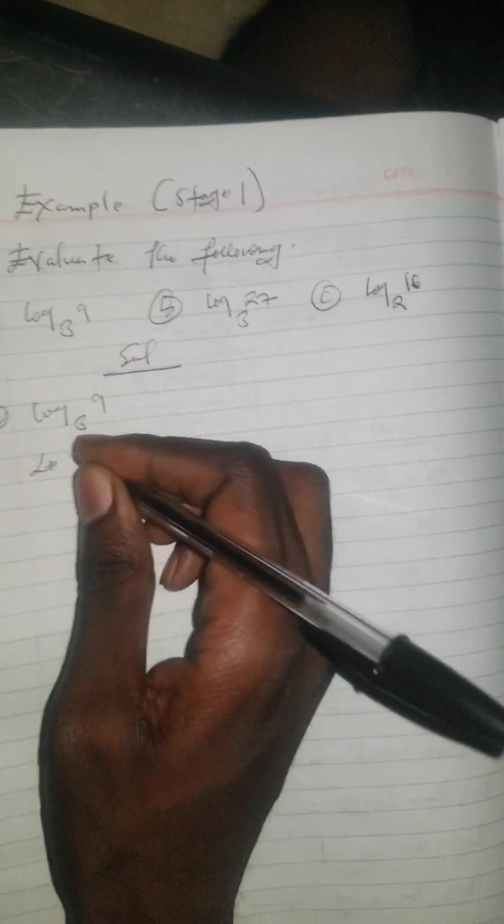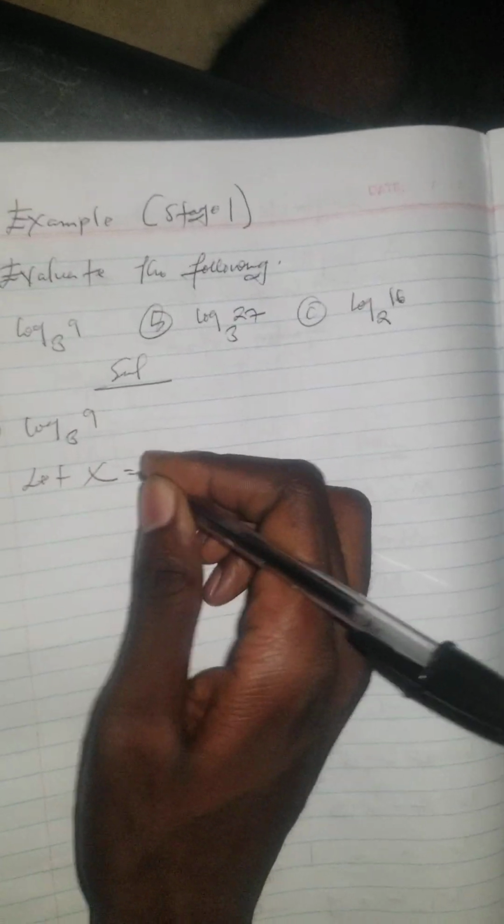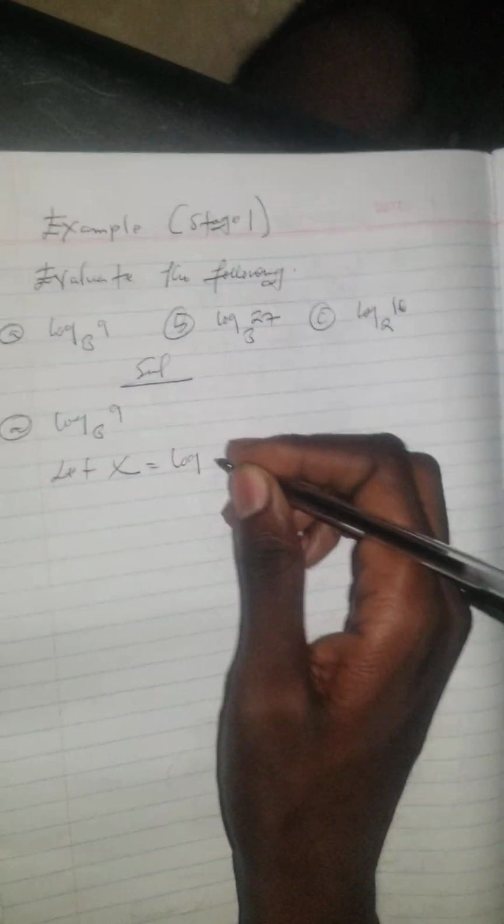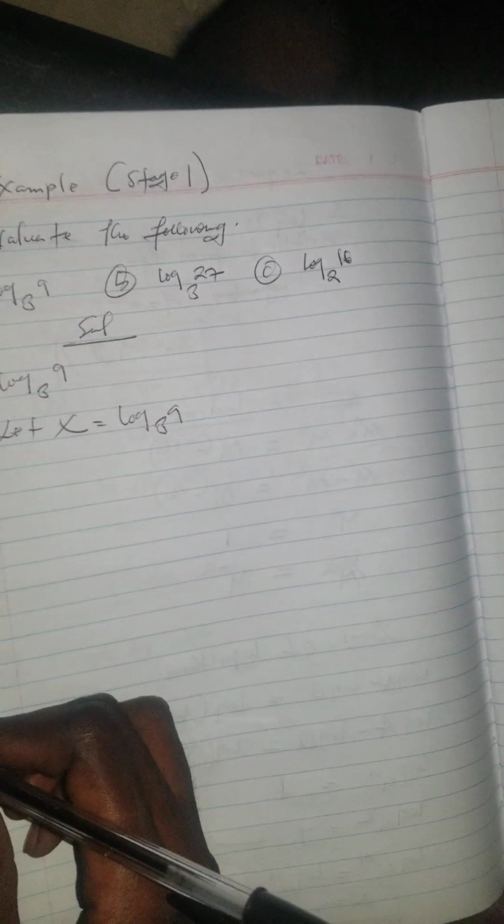So when you have log 9 base 3, one step you need to understand is the way you're supposed to solve this question. You need to start in this way. This is our first question, which is A. You say let x be equal to the log 9 base 3.